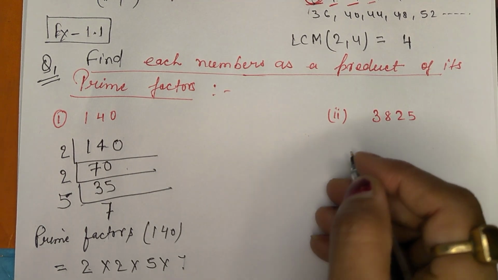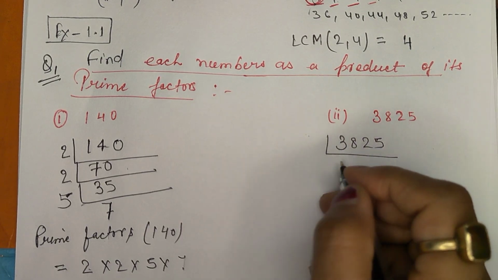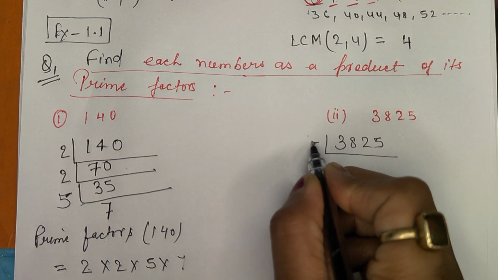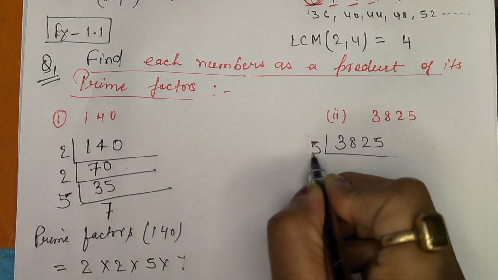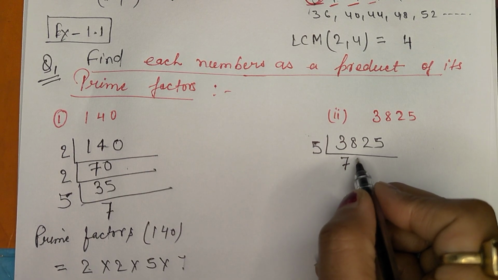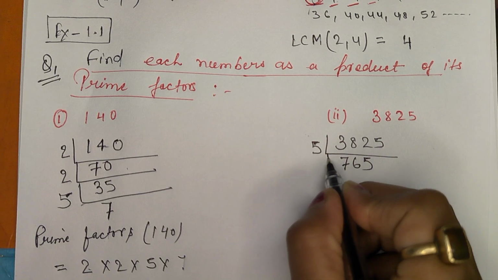And the next question is 3825. Divide. You can see here it is divided by 5, which gives 765.